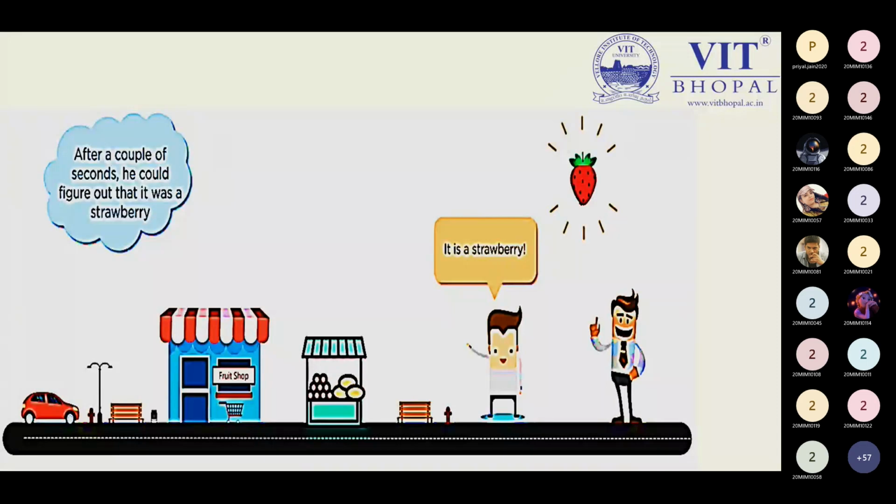But the apple has a red color, and the strawberry also has a red color. So how did he recognize it? He recognized the fruit by its shape pattern. Based on the shape features, he recognized this is a strawberry. I was happy that at least he easily classified such a fruit into the strawberry group, or strawberry class.